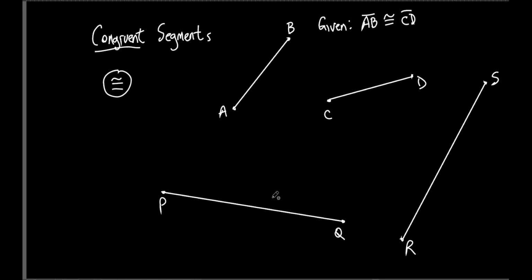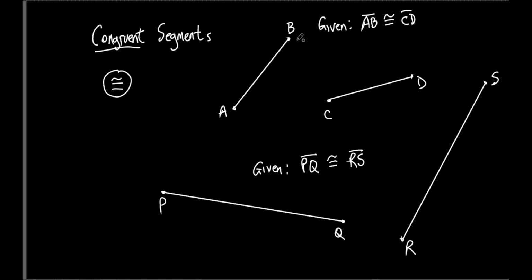What could we say about those two longer ones? We could say it's given that line segment PQ is congruent to the other one. Good.